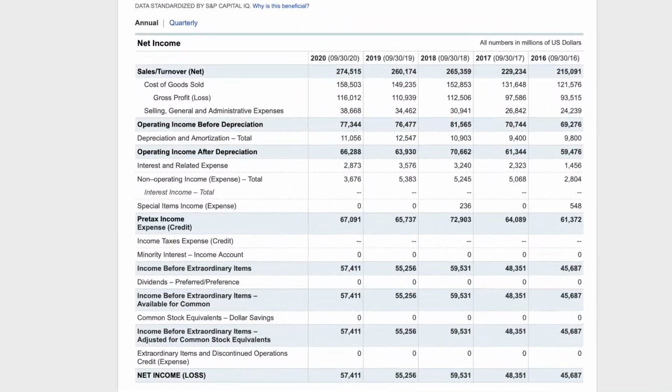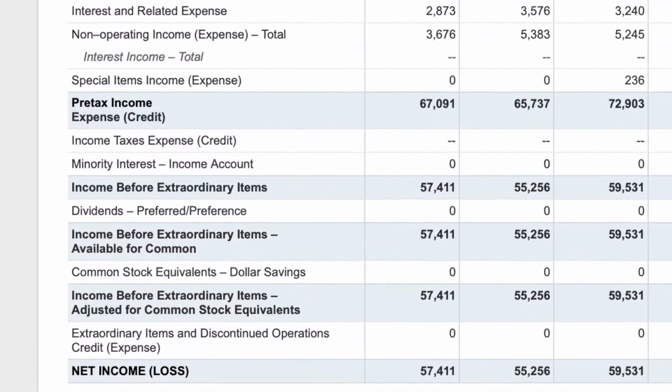Okay, income taxes. On Fidelity, it's kind of like a dash. So it doesn't give you an exact number, and that's for both company A and company B. But with simple math, where we just subtract, we were able to get to this number.